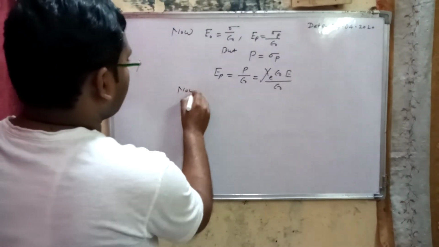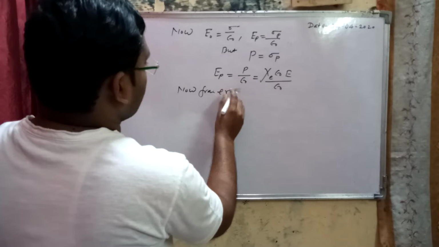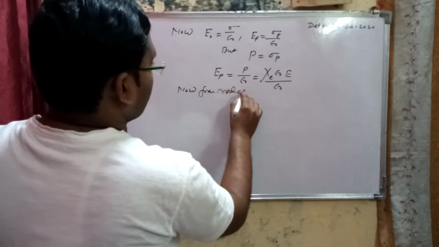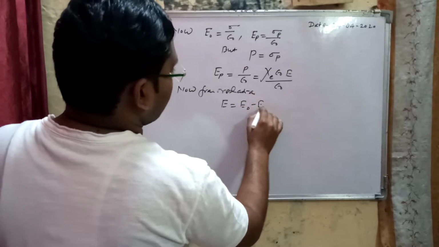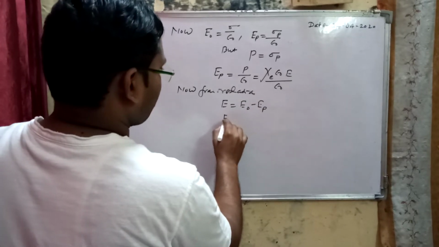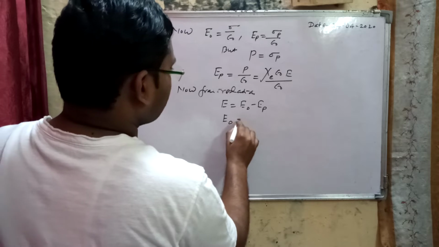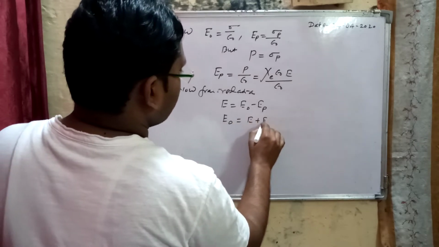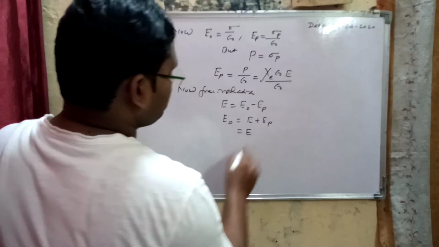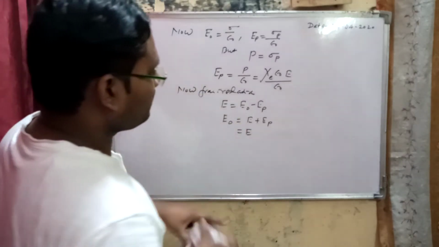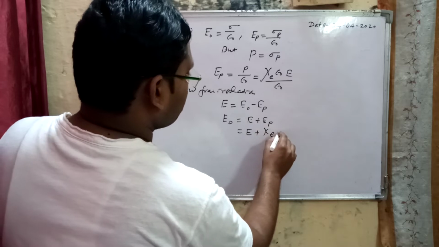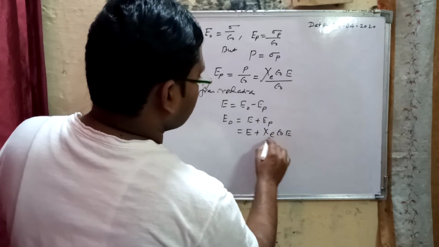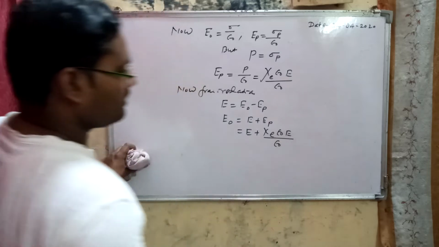Now from the relation E is equal to E naught minus Ep, here E naught is equal to E plus Ep. Now we substitute the value of Ep here, we get Ep is equal to chi e epsilon naught E divided by epsilon naught.